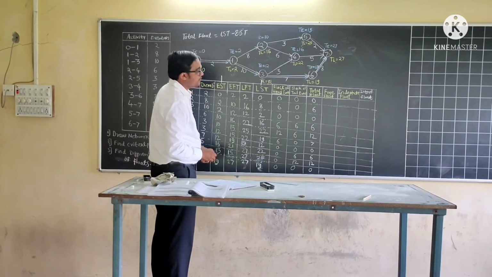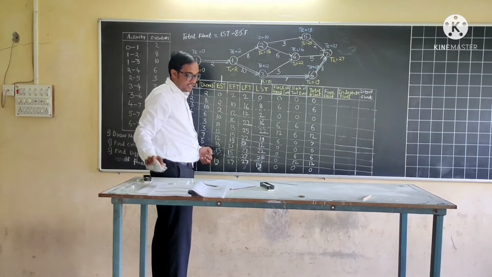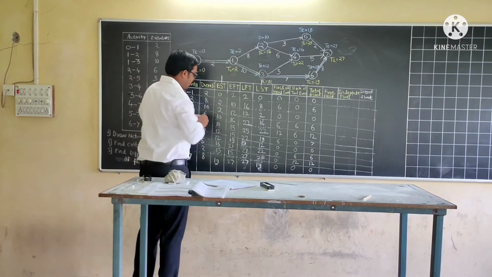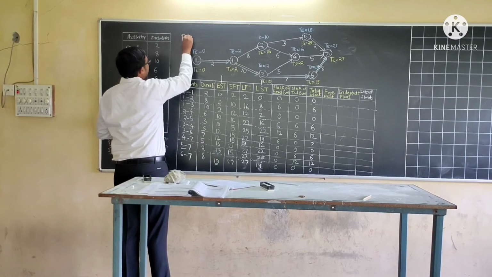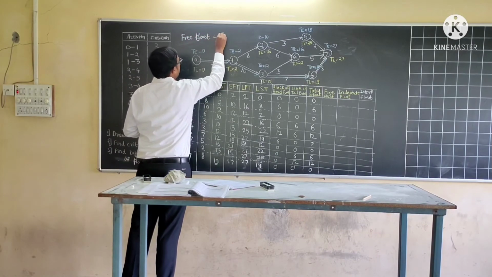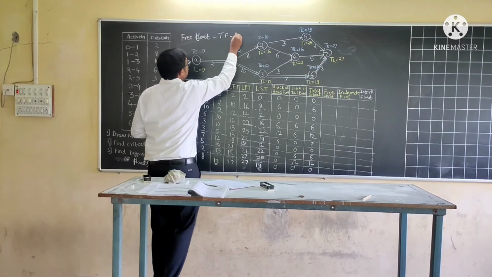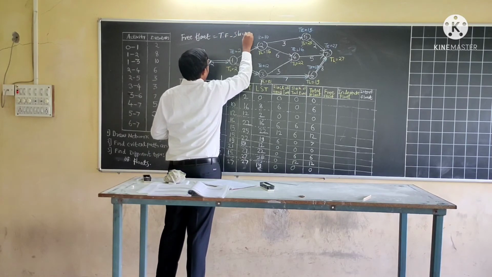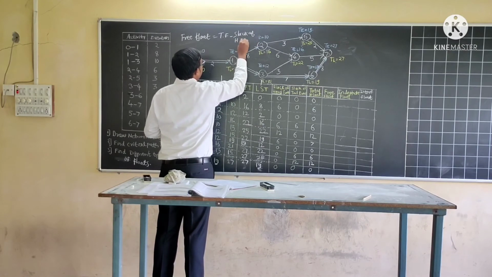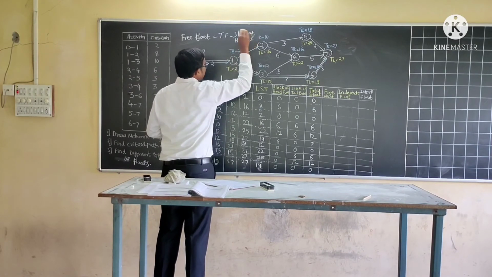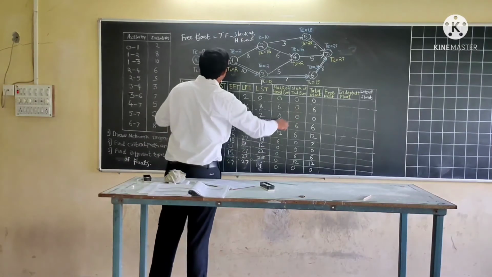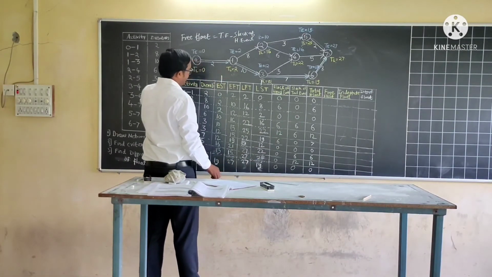Now next is free float. So free float is equal to total float minus slack of head event.